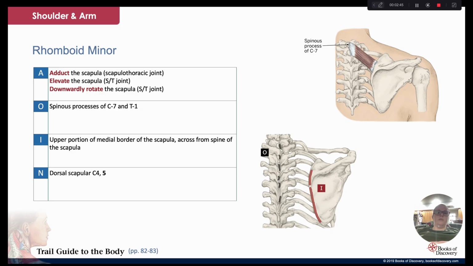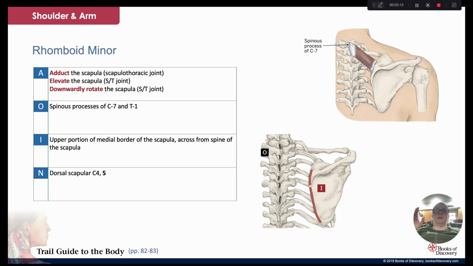We're going to have virtually the same attachment points for this, except it's a little bit higher on the spine. So it's going to originate on C7 through T1. If you feel your neck in the back, where your curve starts changing is C7, there's a lump. C7 is the last of your cervical spine that then goes into your thoracic spine.